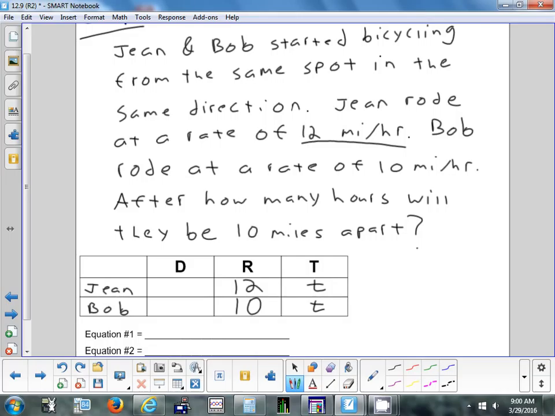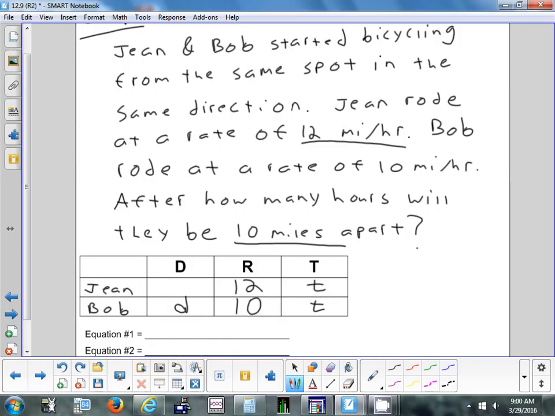All right, so let's call Bob's distance D. Okay, let's say Bob travels D units. Victor, how far is Gene going to travel? Maybe 12 miles. I don't know. So we haven't used this fact yet. Probably 10. When will they be 10 miles apart?